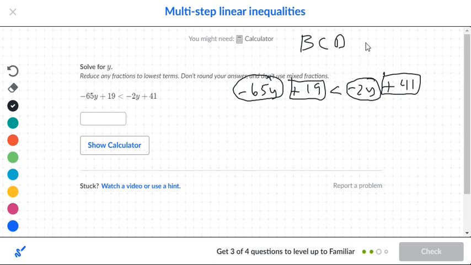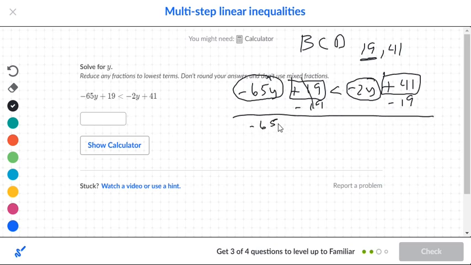Okay, between 19 and 41, 19 is the smallest, so we're going to subtract. So we cross this out. We have negative 65y, inequality sign, negative 2y. Okay, well that's going to come out to be 22. So this is a plus 22.